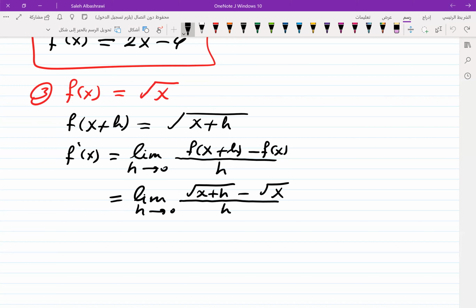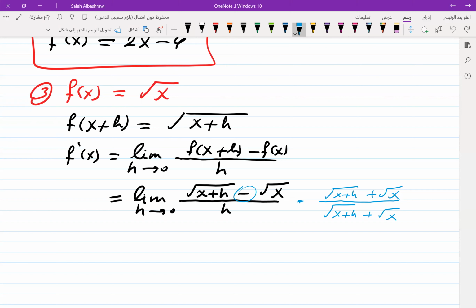And if we replace h by 0, I will get 0 over 0, which means I need to simplify this function by multiplying by the conjugate. The conjugate is square root of x plus h plus square root of x, up and down. So I just multiply by the conjugate of the numerator by changing the sign. It is minus, I will write it plus.